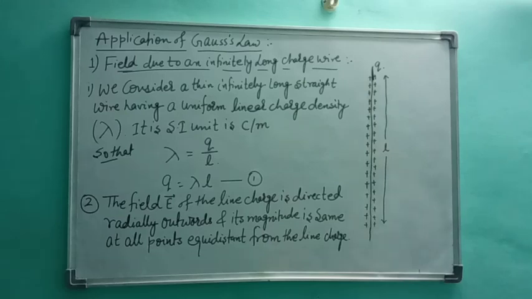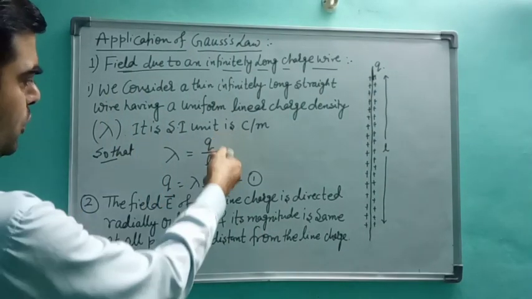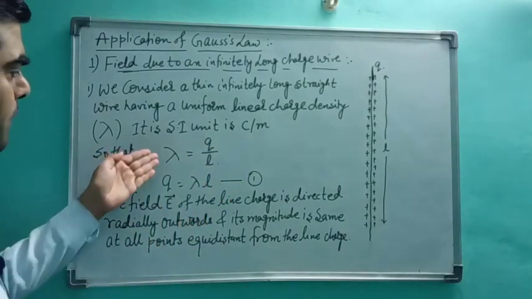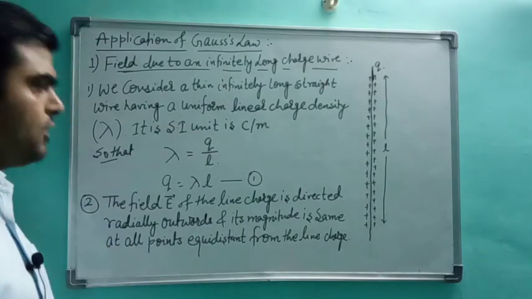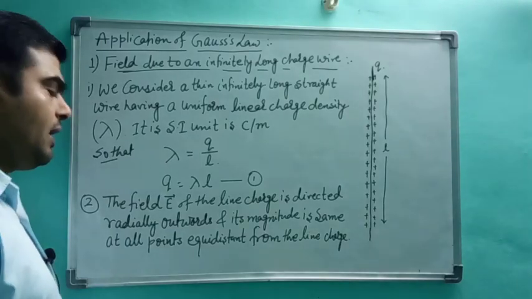It is denoted by lambda, and its SI unit is coulomb per meter. Okay, so lambda is equal to Q upon L. So Q is equal to lambda L, because lambda is the linear charge density.